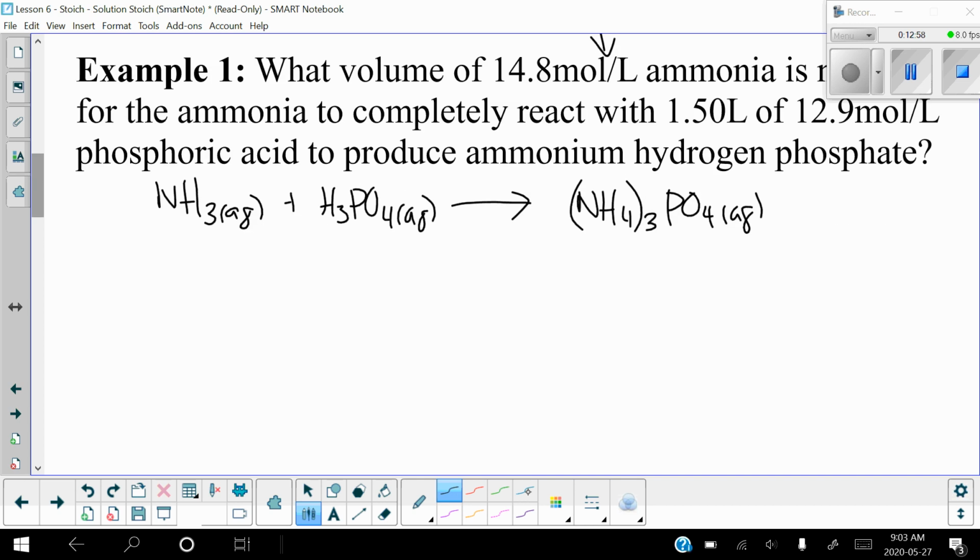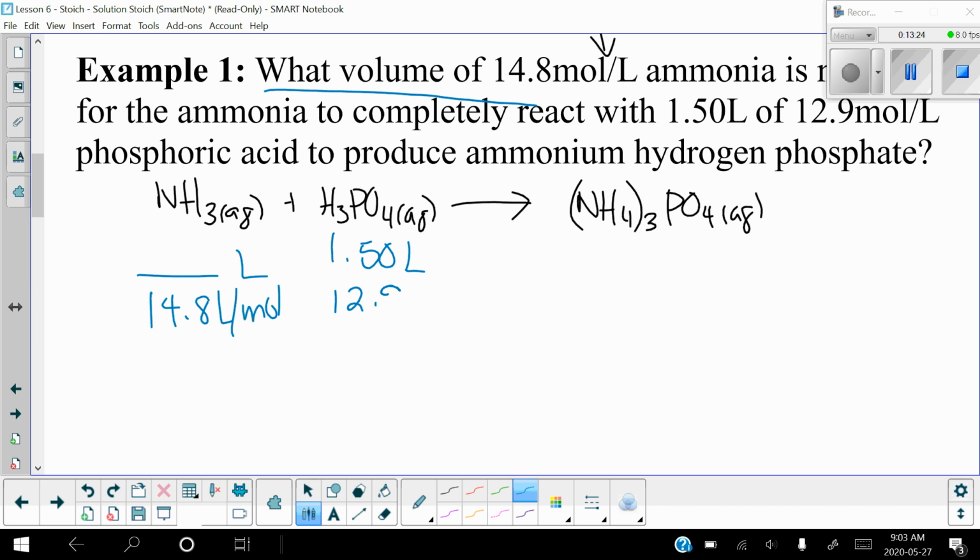So we are looking for what volume of ammonia. So we're looking for liter of ammonium, which has a concentration of 14.8 liters per mole. Lovely. And then it reacts completely with 1.5 liters of phosphoric acid, which has a concentration of 12.9 moles per liter.